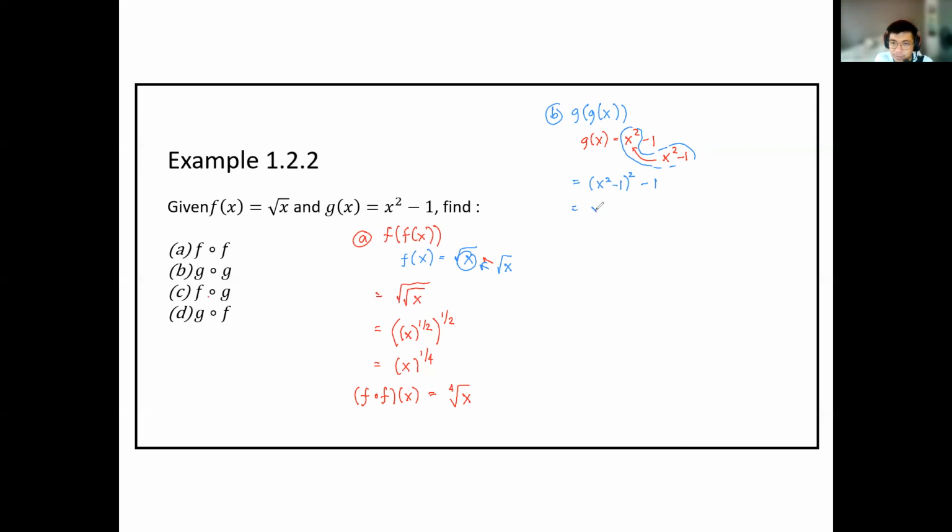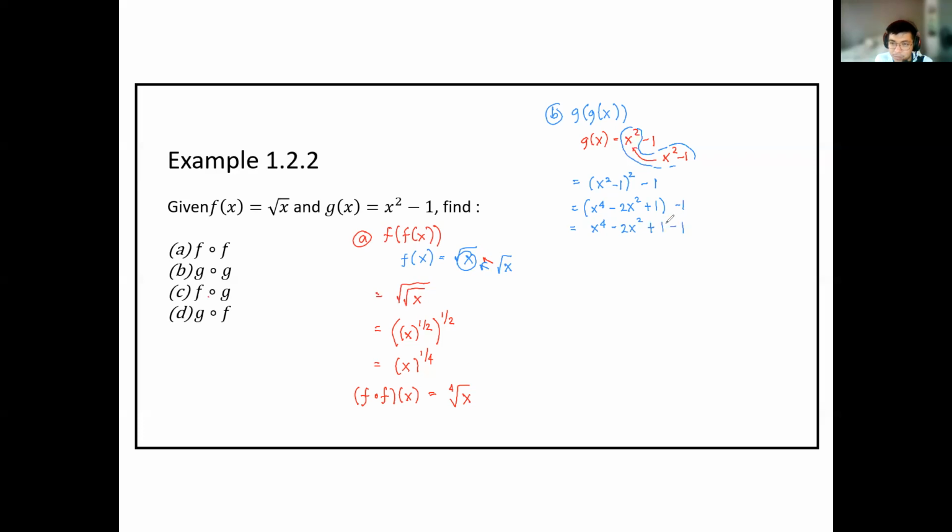So you have x to the power 4 minus 2x squared plus 1, and then minus 1. Expanding even further by removing the parenthesis, x to the 4th minus 2x squared plus 1 minus 1.